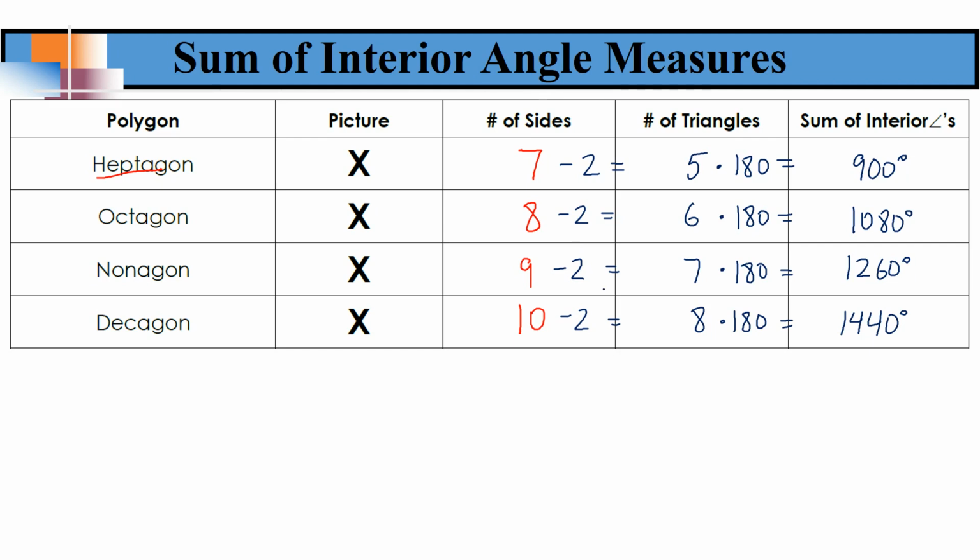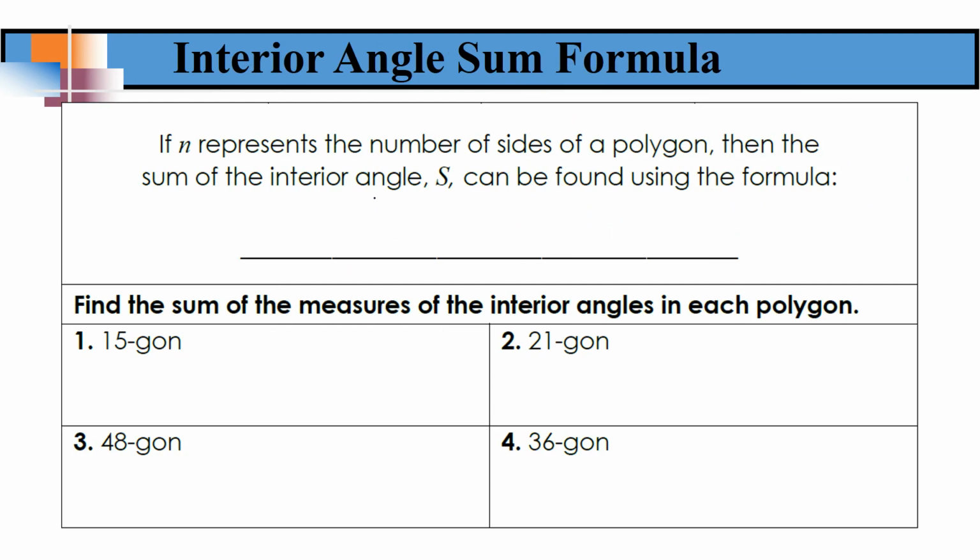So let's summarize what we just demonstrated in this table as a formula. Down below it says if n represents the number of sides of a polygon, then the sum of the interior angles, okay, so sum is represented by capital S, can be found using the following formula. So S for sum equals, and then we'll do parentheses.